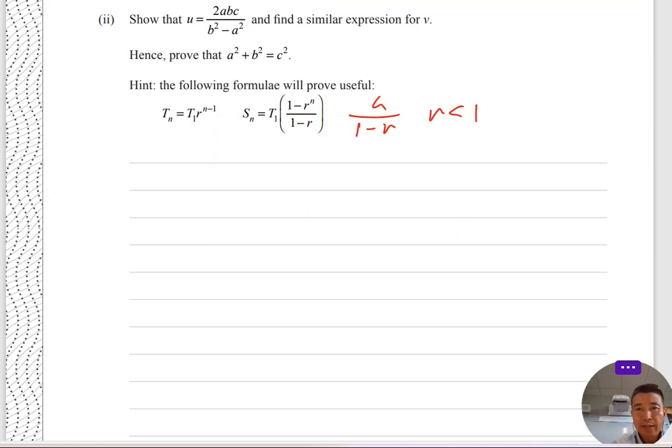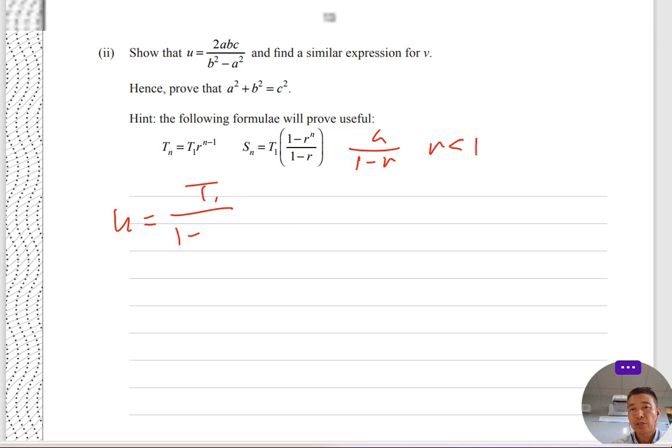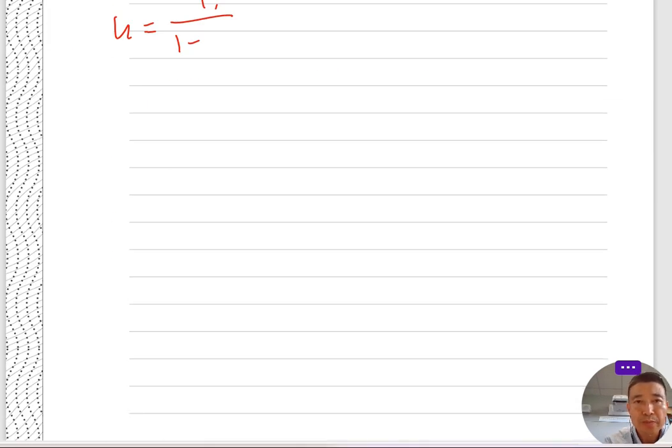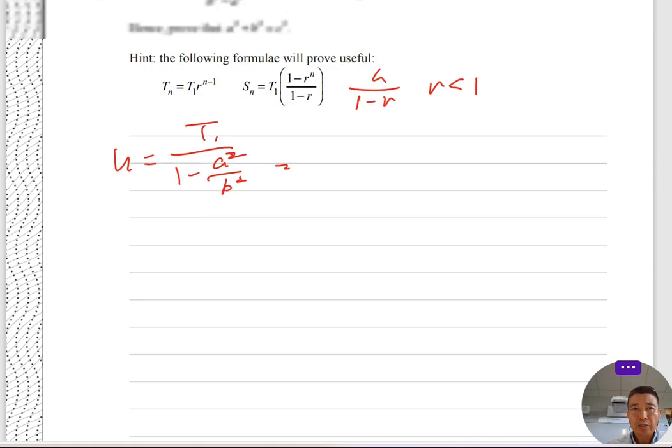So knowing that, the sum of T1 to forever, U, must be T1 over 1 minus, what did I say? A squared over B squared. Yes, r is A squared over B squared. So what is T1?